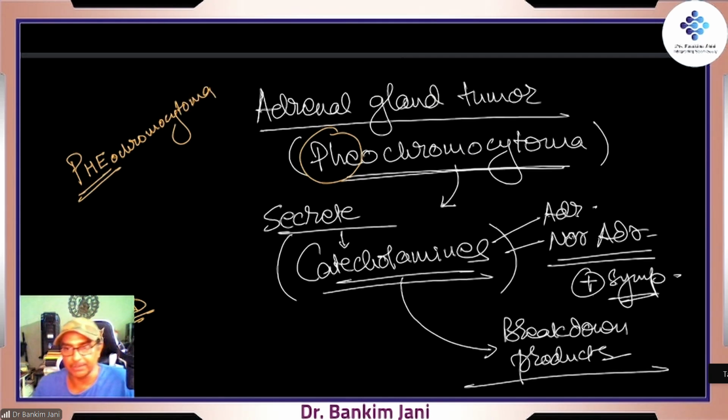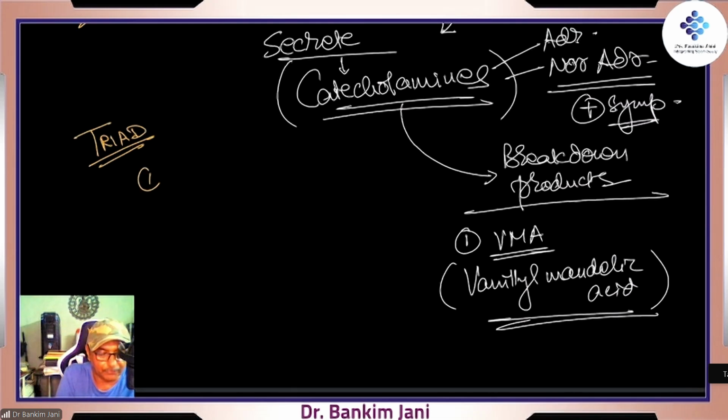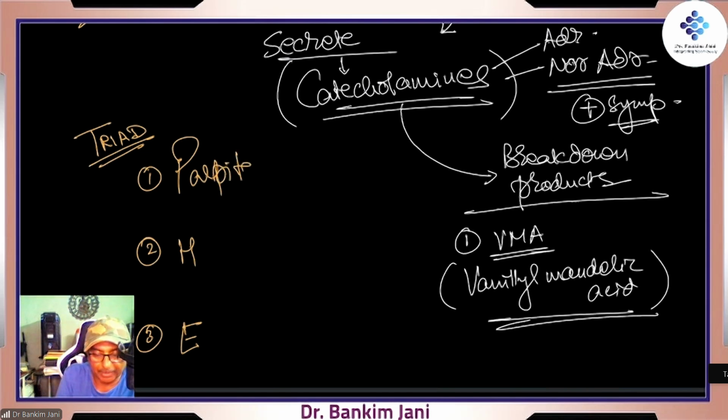So the first one is P, second one H, third one is E. First thing is palpitations.